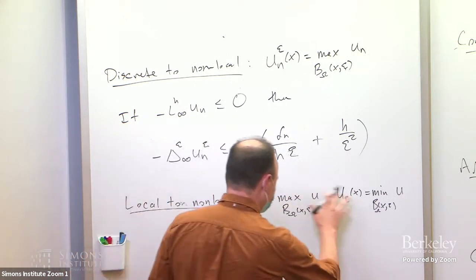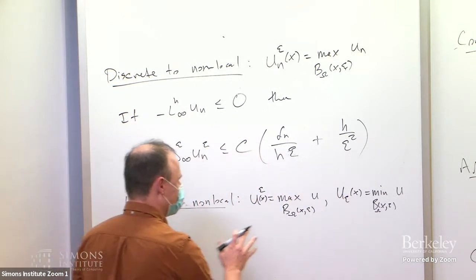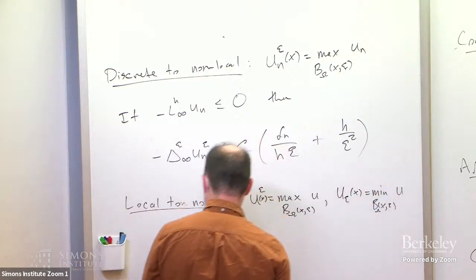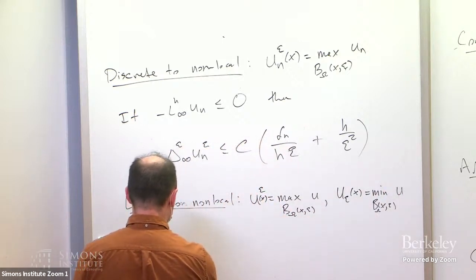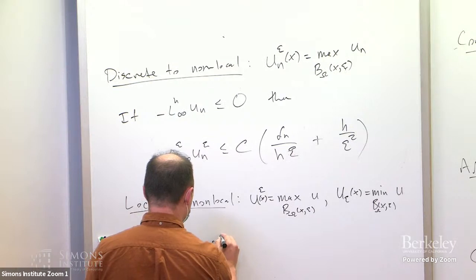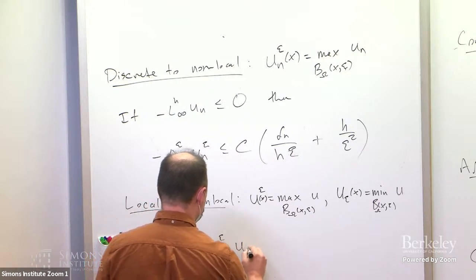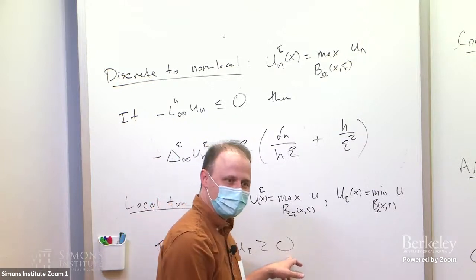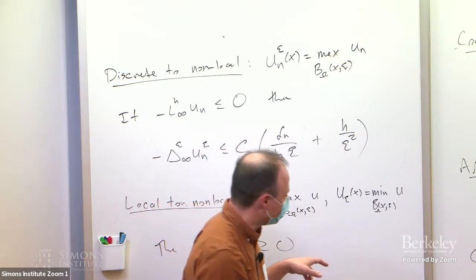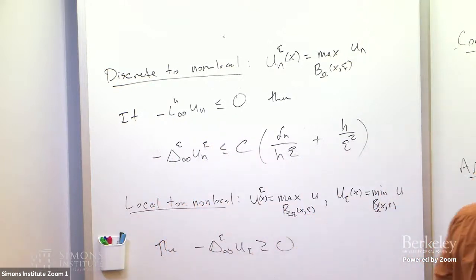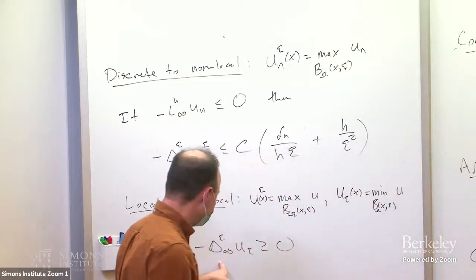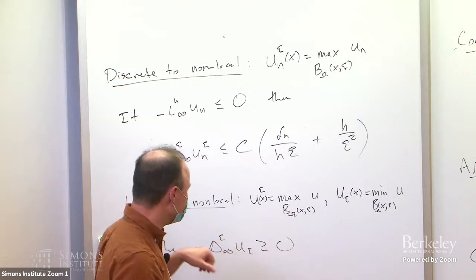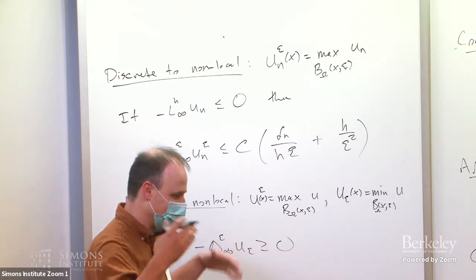So what's really amazing here is that the continuum guy here, if I take this min over balls, then minus non-local Laplacian of u epsilon is bigger than 0. It's exactly bigger than 0. Okay. So I can take the solution of the local equation and I can plug it into the non-local equation and get exact satisfaction here. This is something you never see in these sort of non-local to local problems.